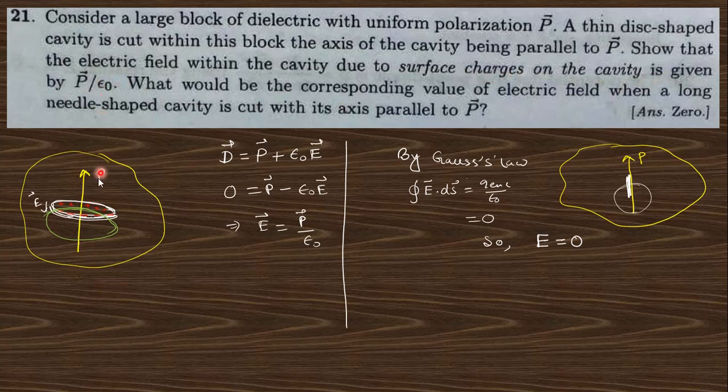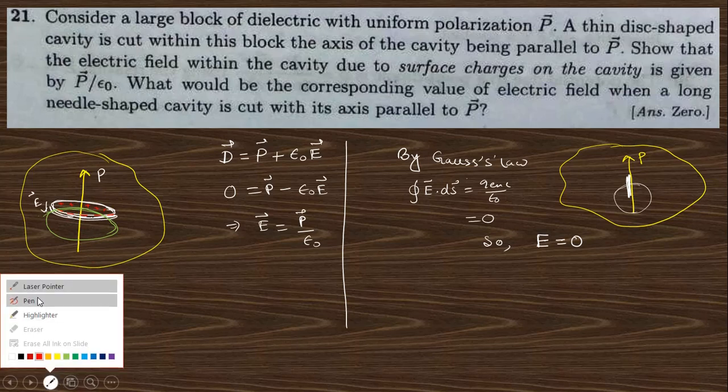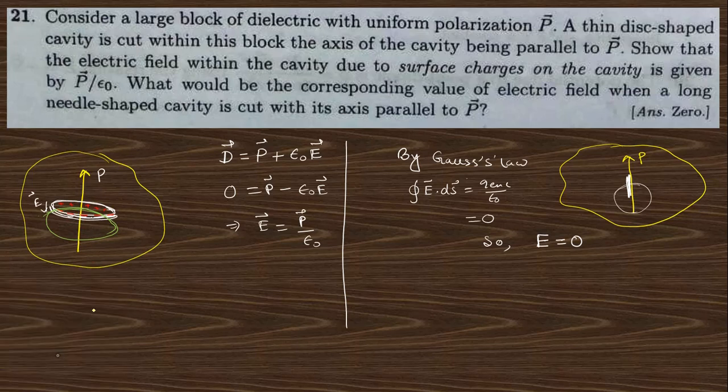Now, within this cavity, the charge due to the volume charge will be 0. That means rho due to polarization will be 0. But sigma is not equal to 0. There will be induced plus charge on the upper surface and minus charge on the lower surface, right?